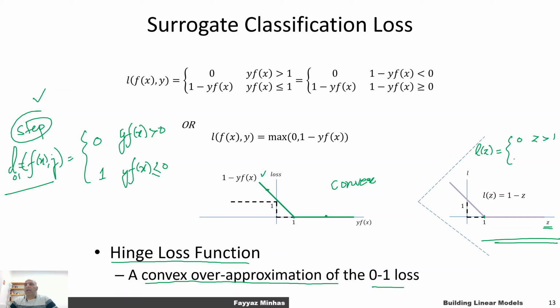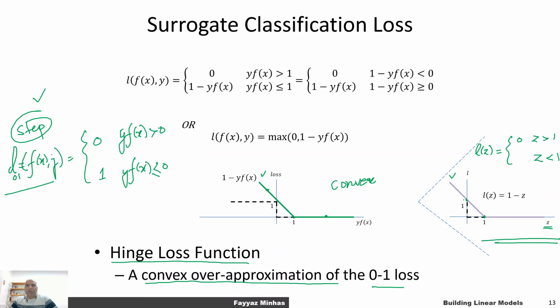Okay, and what about this part over here? That's the part that we are left with. So what happens when z is less than 1? That's easy to figure out as well. It's a line with a slope of -1, and we know that because it intercepts the y-axis at this location, and then it intercepts the x-axis at this location.